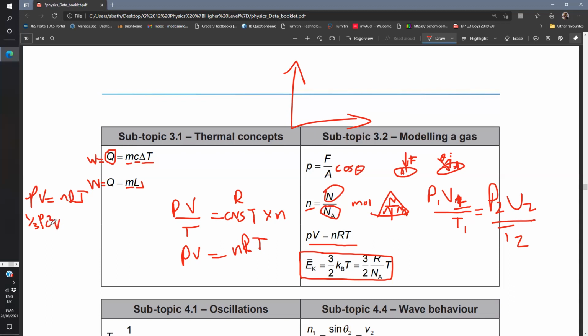This is basically what Boltzmann defined. And rho is basically the density. So the density is equal to m, mass over volume, so volume and volume will cancel.